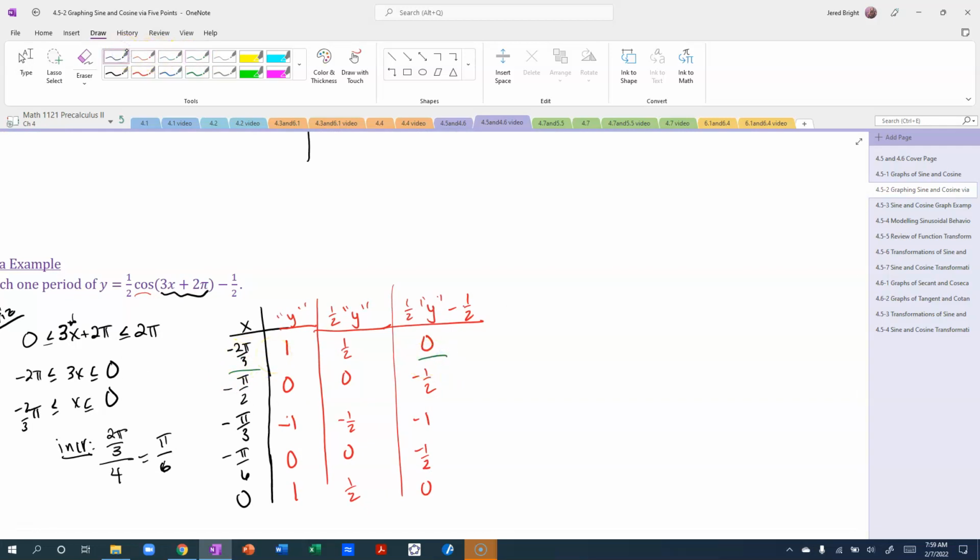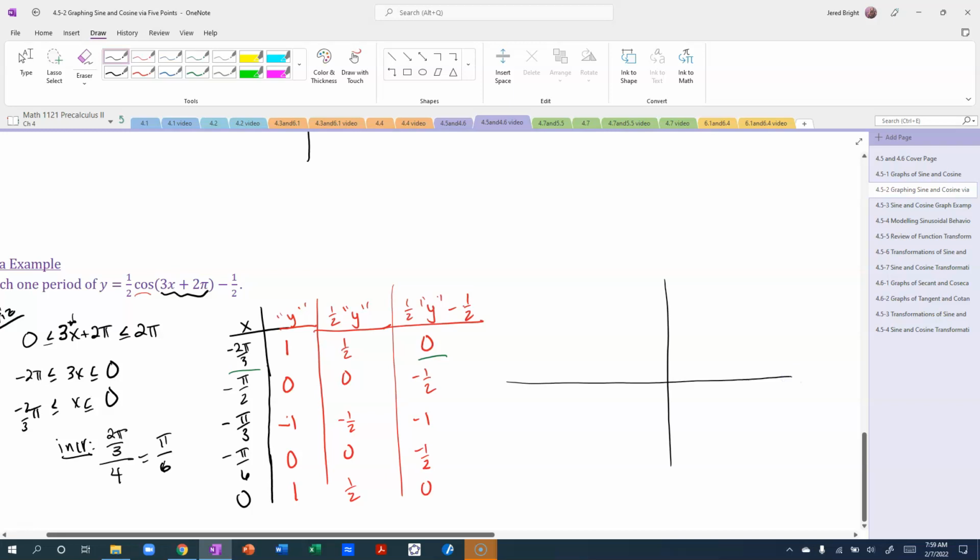So then making a sketch of this, all my x's are negative, and I'm going to increment by pi over 6. So this is negative pi over 6, negative pi over 3, negative pi over 2, negative 2 pi over 3. That would be all I need.